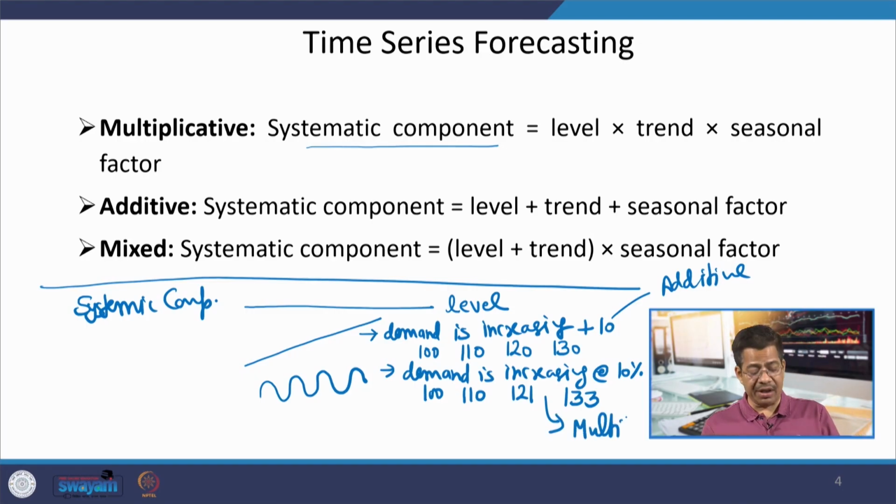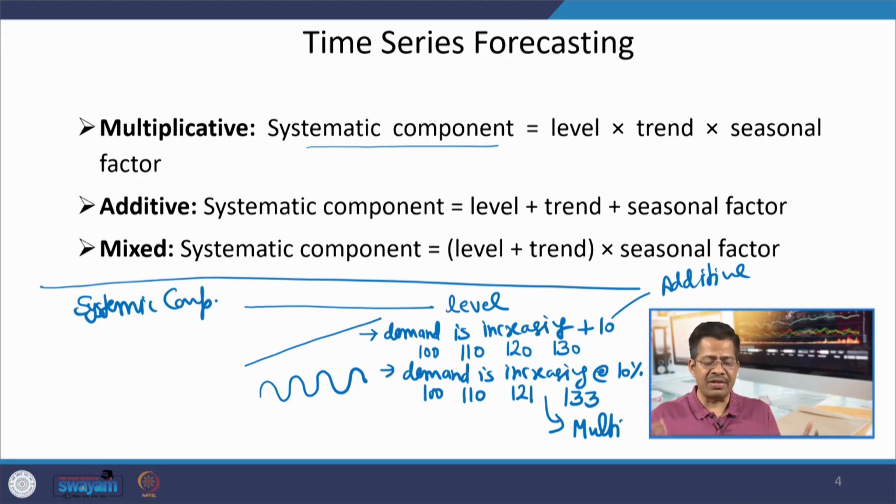Similarly, seasonality, that in a year demand increases to a high level in a particular season, winter season, rainy season, festival season, and then again demand comes to a lower level. And this increase in seasonality from one cycle to another cycle may be in additive terms, may be in multiplicative terms.